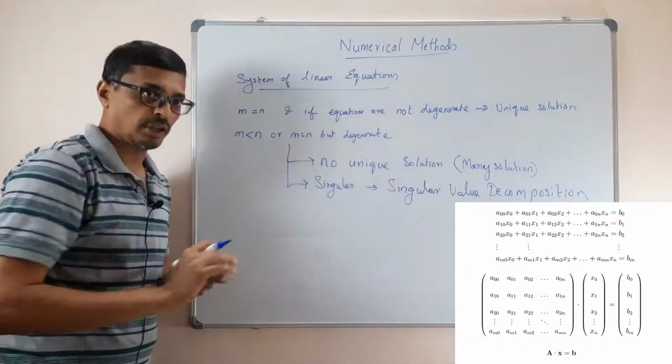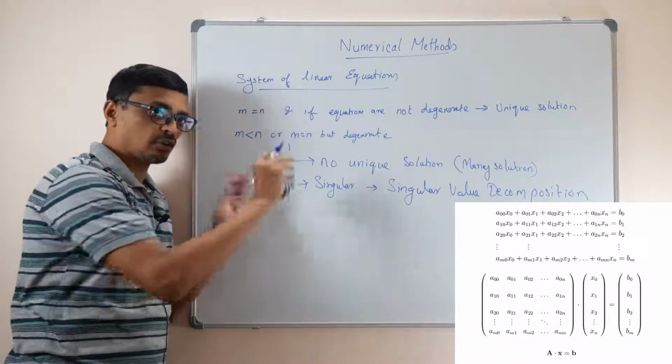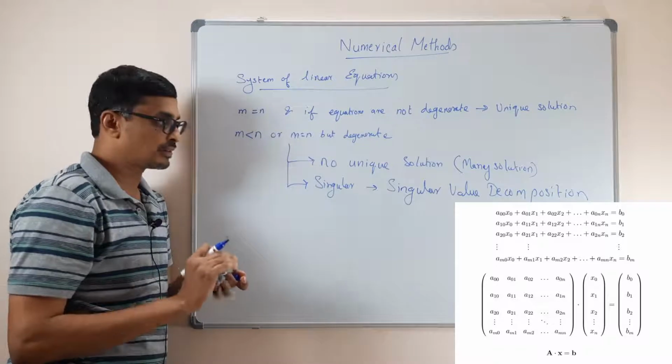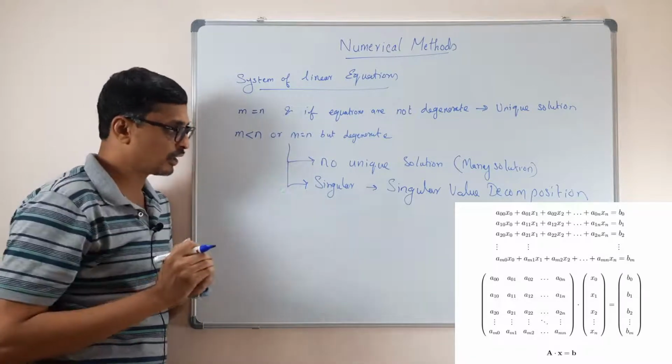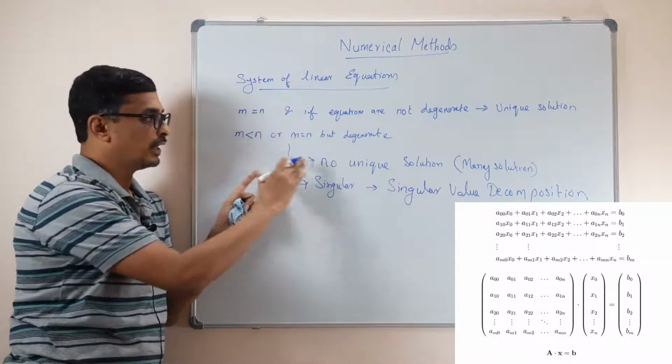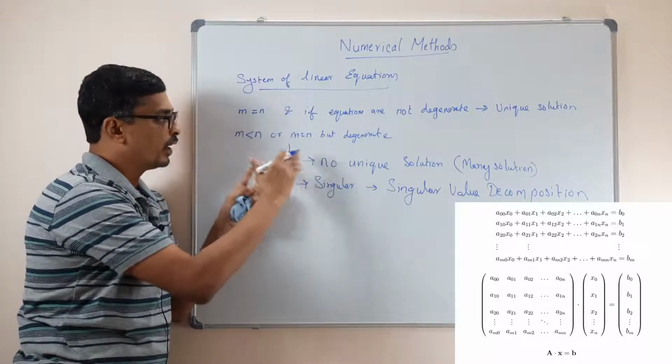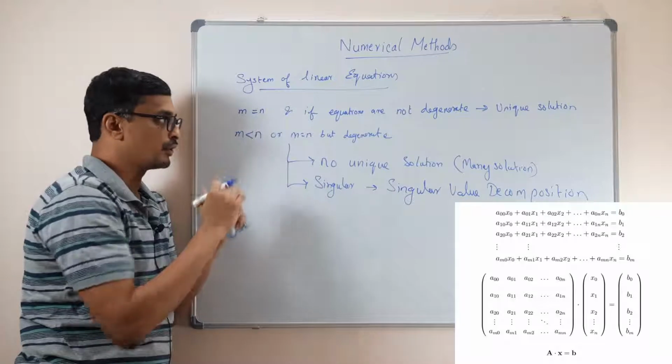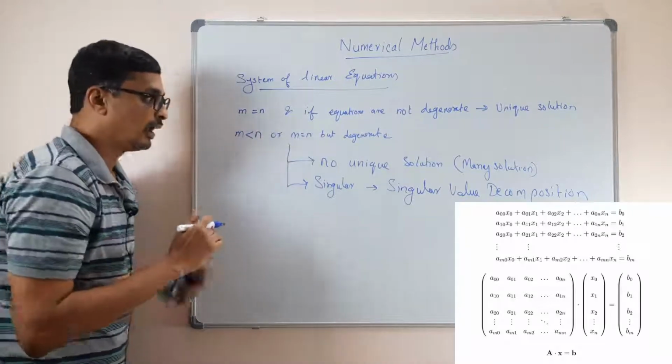We will see it after going through the simple problems. This is the way you can solve for a singular matrix, and it applies when m is less than n, or m equals n but degenerate.